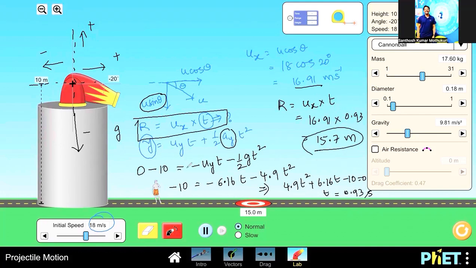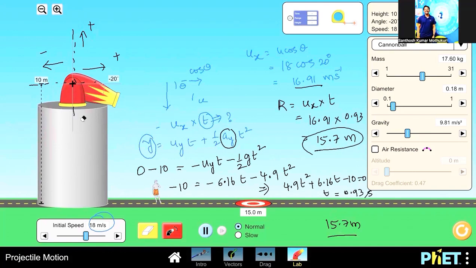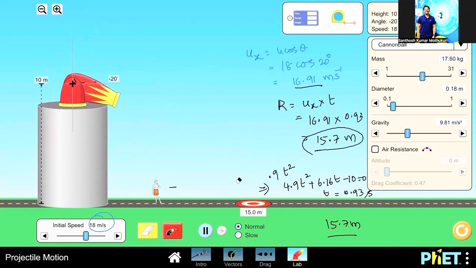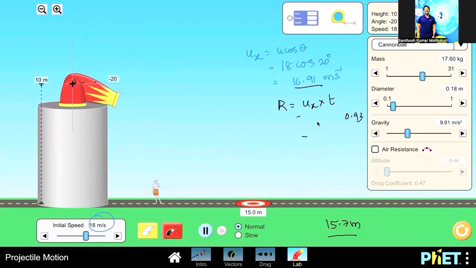This is the horizontal displacement. Now this is 15.7. I'm writing it here, and let's erase this. When you fire this projectile at an angle 20 degrees lower than the horizontal, it lands at a distance of 15.7 meters as per the calculation.